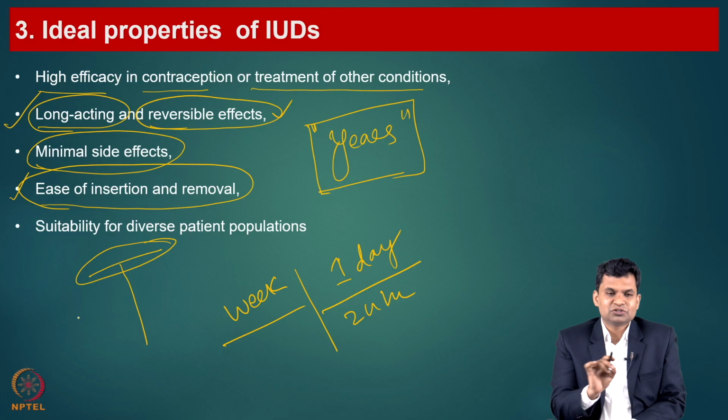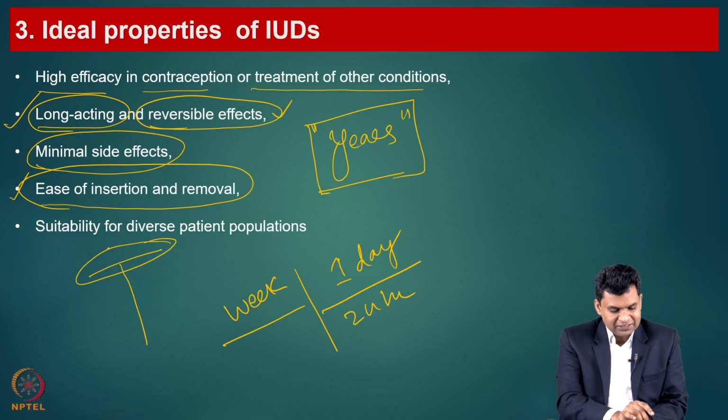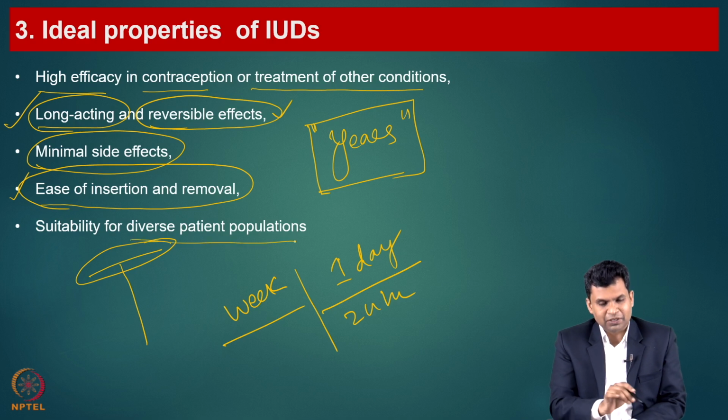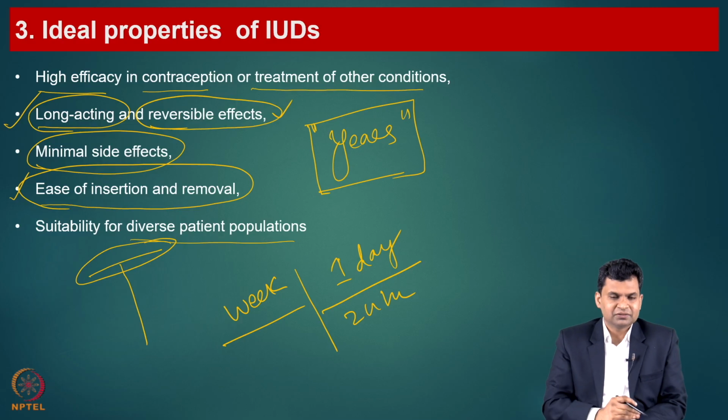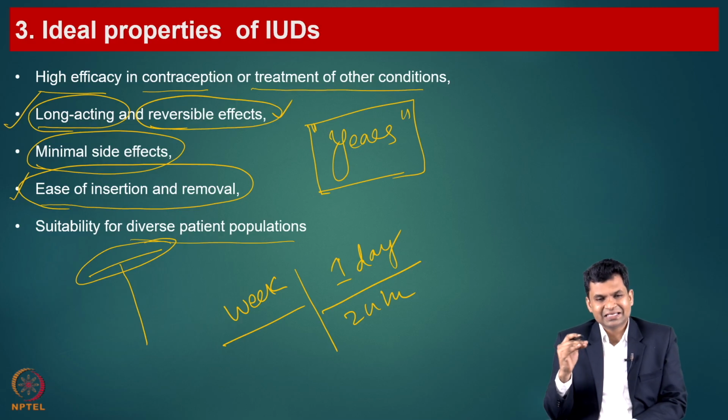So, this we need to consider while developing the intrauterine devices. Suitability for the diverse patient population: if you consider age, from young women to older women, it should be easily usable.